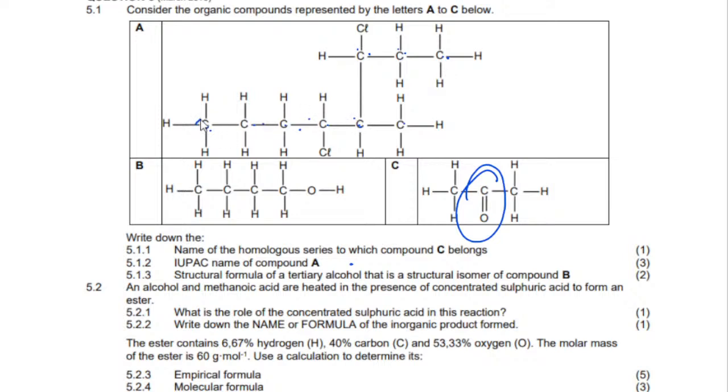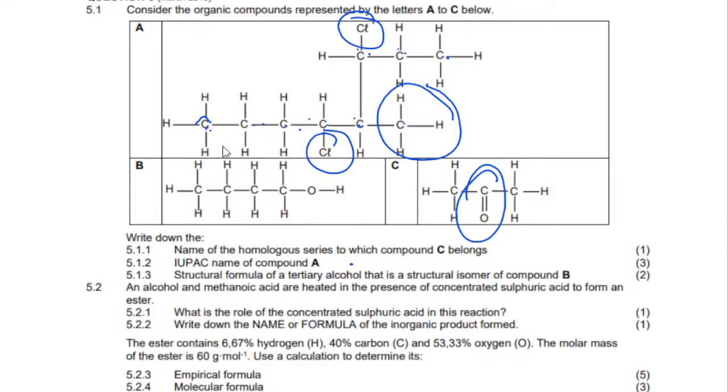So now the longest chain is 8. Is it a single bond? Single bond throughout. So this is going to be a side group. Is it only that? We also have this and this. So they are going to be side groups or the functional groups.